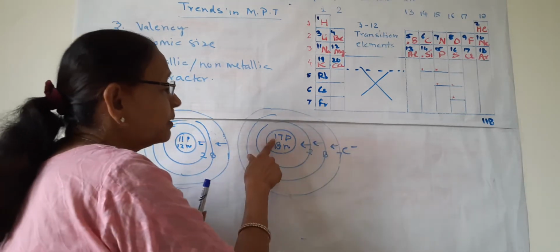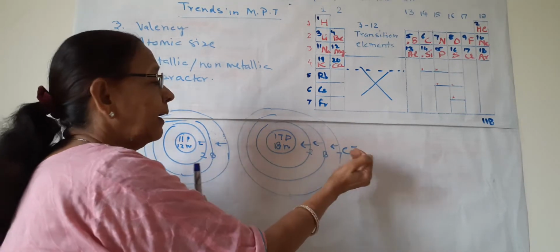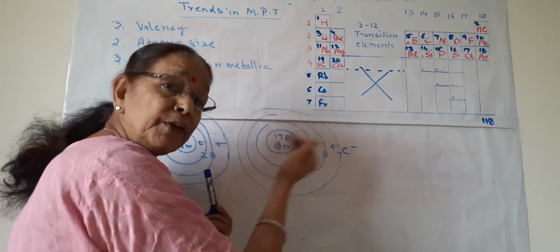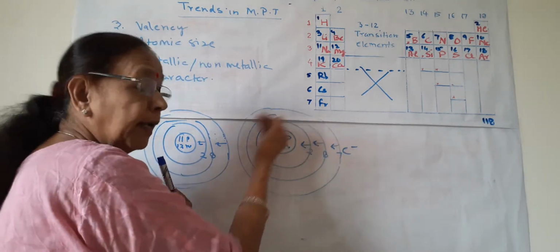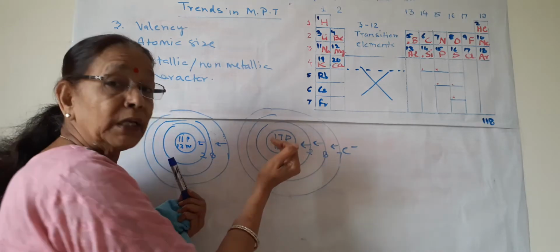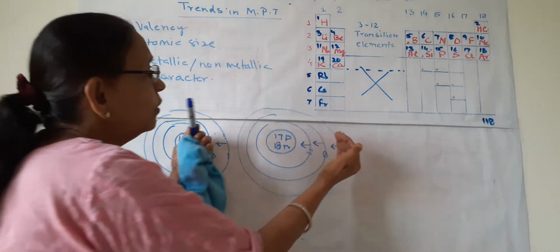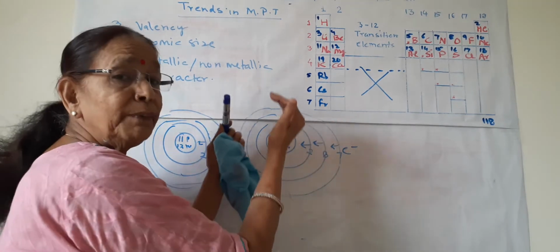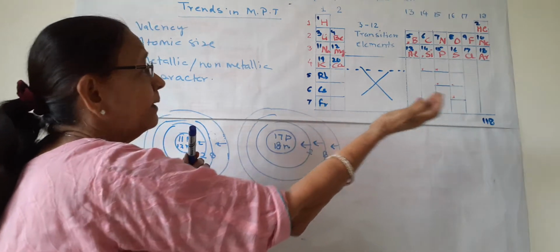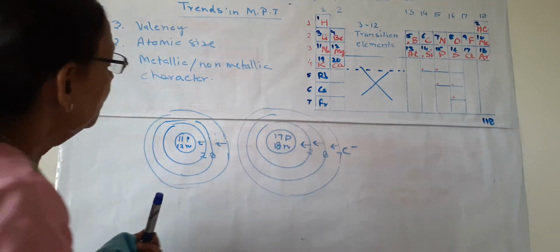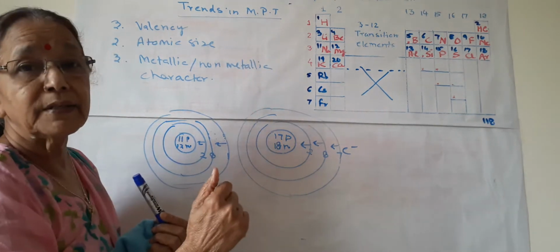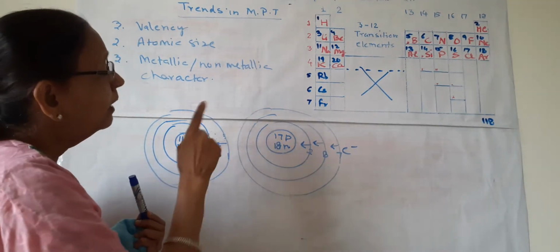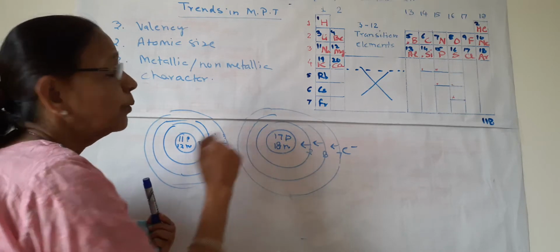So this positive charge attracts the electrons towards the center of the atom, towards the nucleus, with more attraction. So the size will be less on the right hand side and more on the left hand side. It is due to the attraction forces of protons.